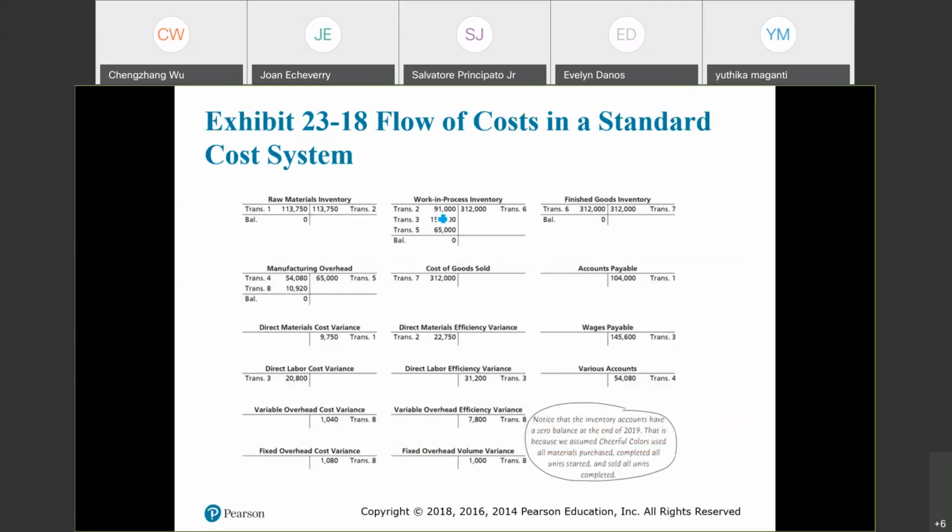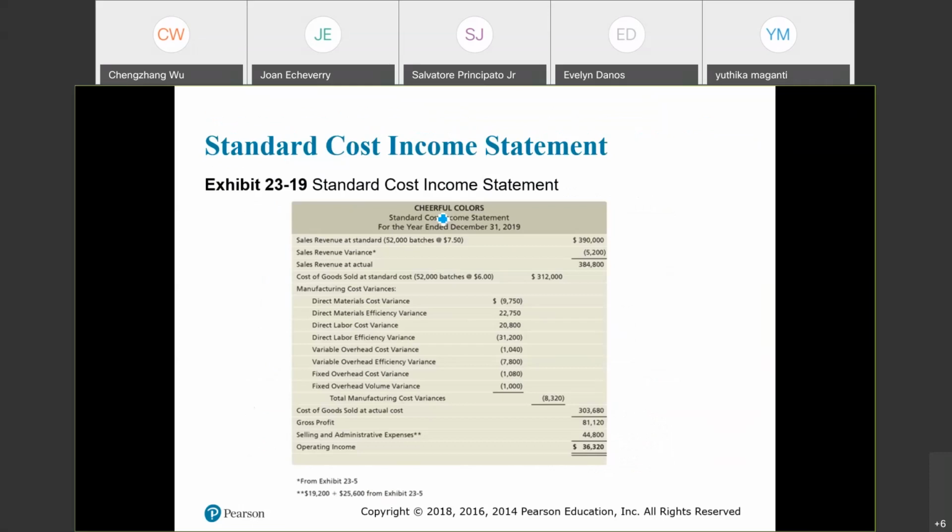Well, this slide shows the key accounts for all of the accounts involved. And finally, this is an example of the income statement. The company's top management needs to know about the company's cost variances.